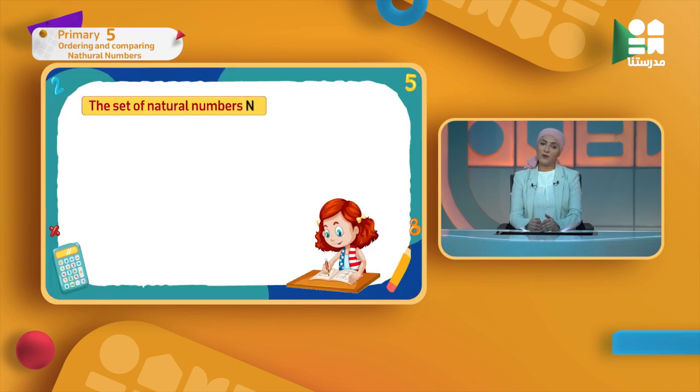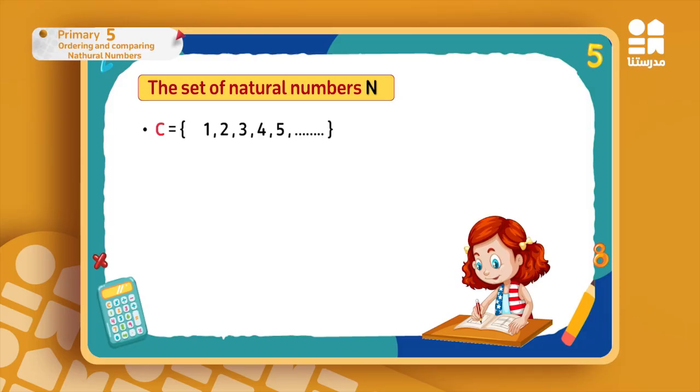Okay, now I'll move to another term, which is the natural numbers, or N. I refer to the counting numbers by C and the natural numbers by N. If my counting numbers are the set of elements 1, 2, 3, 4, and 5, there is only one difference between the set of counting numbers and the set of natural numbers, and this difference is the digit 0, or number 0.